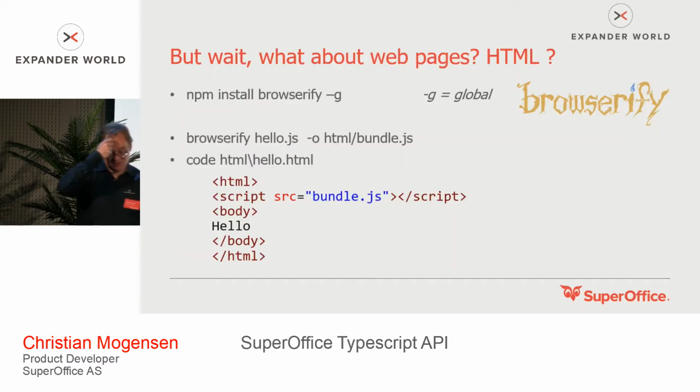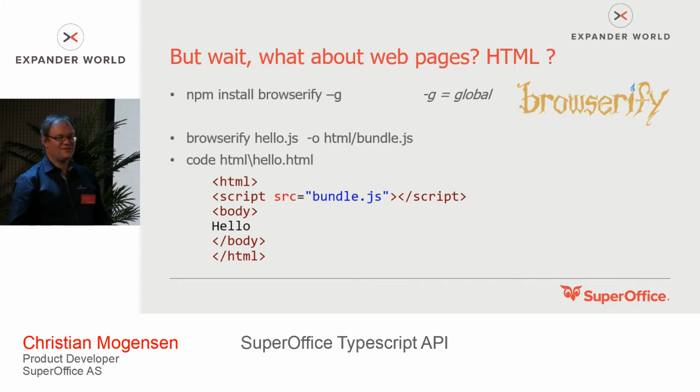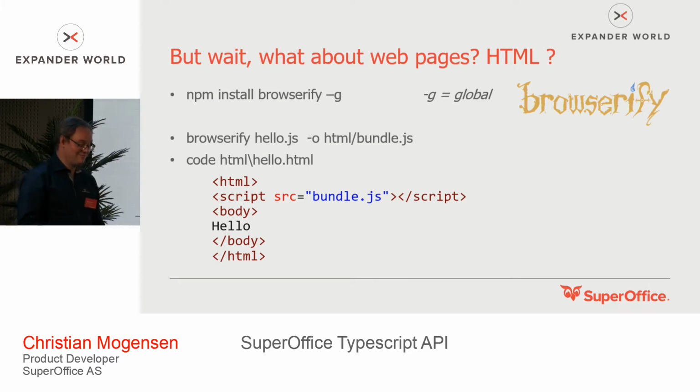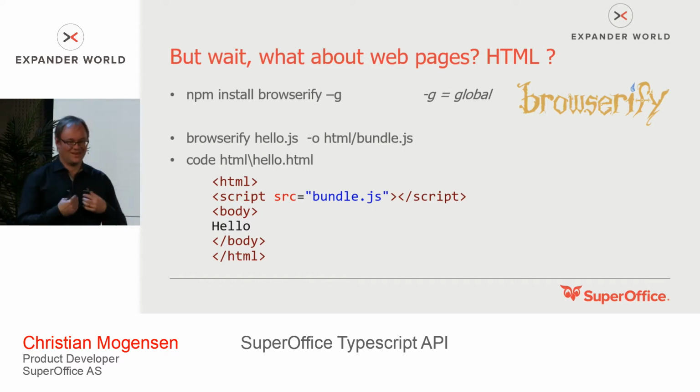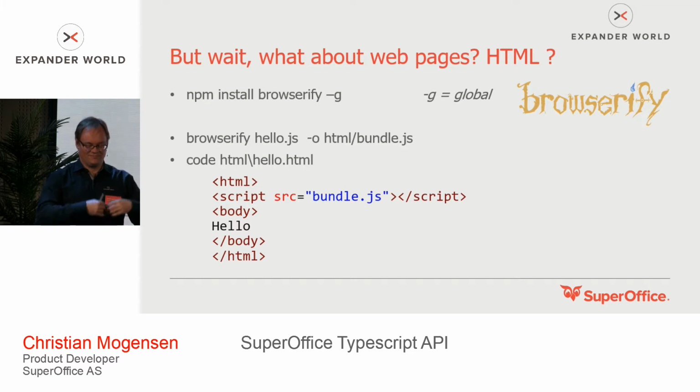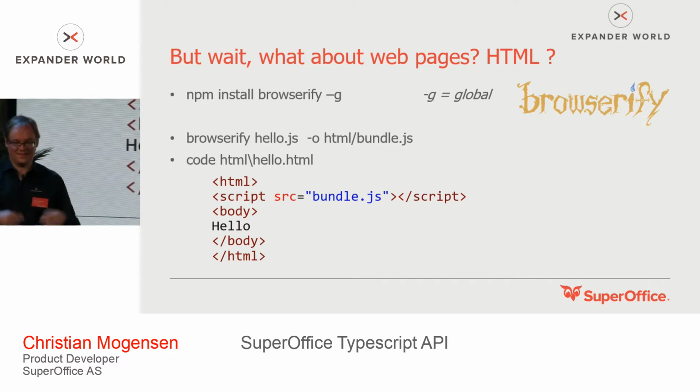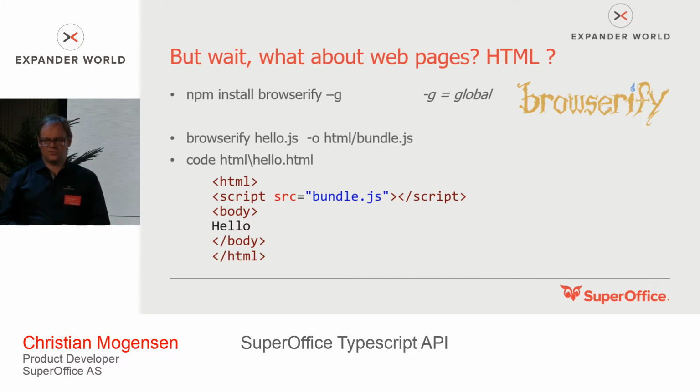But what about browsers and HTML? Like, what if I want to use this library on the web page? Well, yes, of course, obviously, because that's where we use it. We use it in our new web page framework, SuperOffice component something something language. I forget what it stands for.